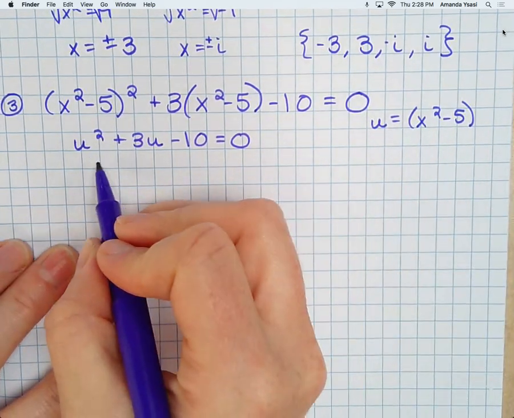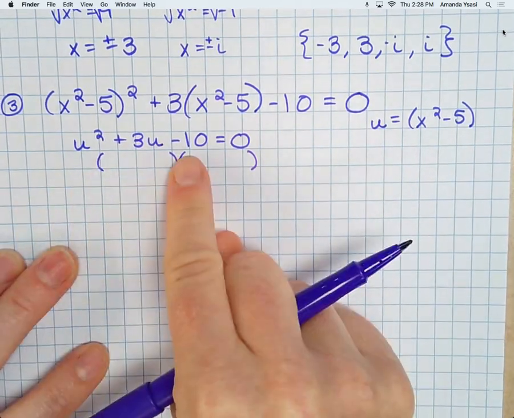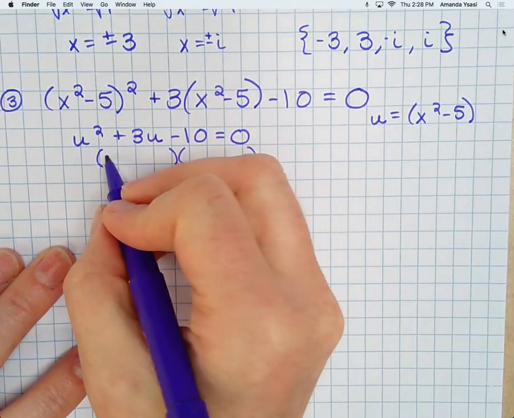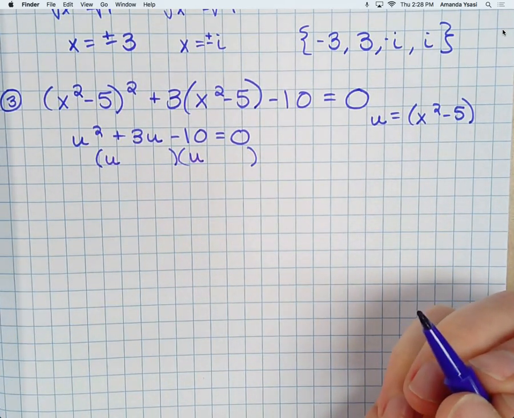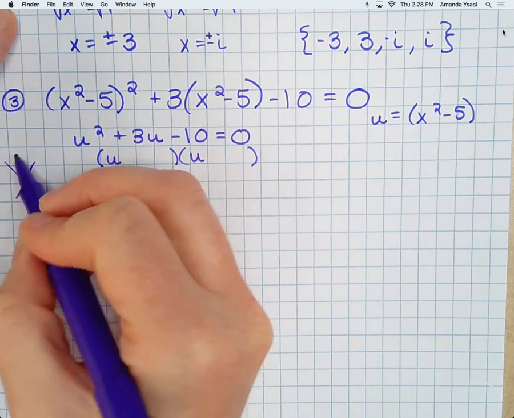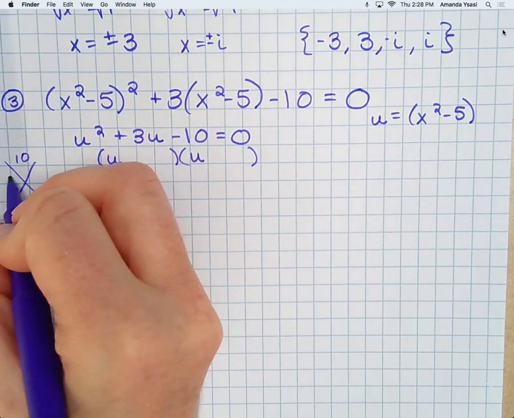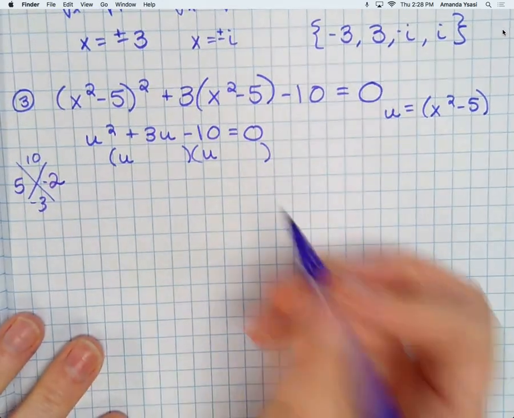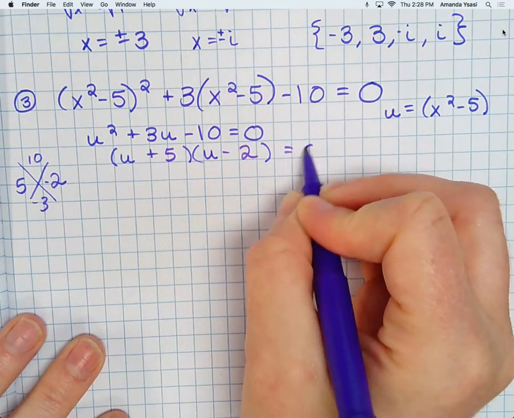Okay, so we need to factor it. So what gives us a product of negative 10 and a sum of 3? Product of negative 10 and a sum of 3. What is it? 5 and negative 2. So u plus 5, u minus 2 equals 0.